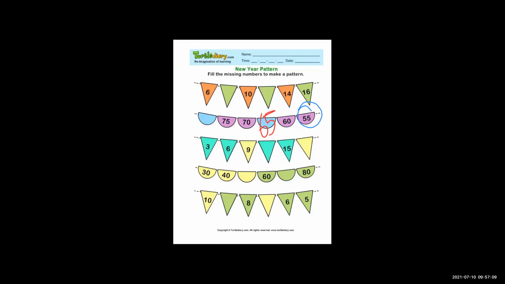How do we get 65? Because the difference between 55 and 60 is 5, so we have to add 5. 60 plus 5 is 65. 65 plus 5 is 70. 70 plus 5 is 75. 75 plus 5, we get 80. Very good.